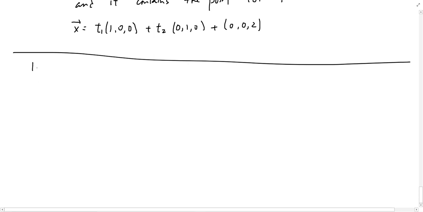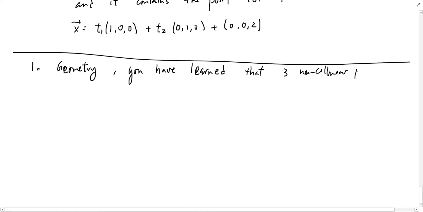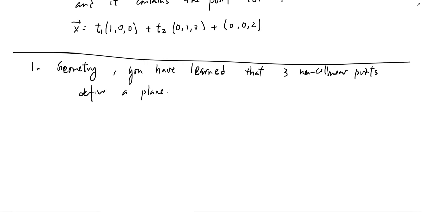In geometry, you also learned that not only can you define a plane using two non-parallel intersecting lines, but three non-collinear points can also define a plane. What does non-collinear mean? Meaning that they cannot be on a straight line. So if you have 3 points that don't line up perfectly, they will define a plane.